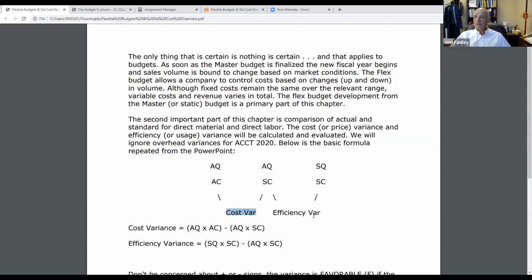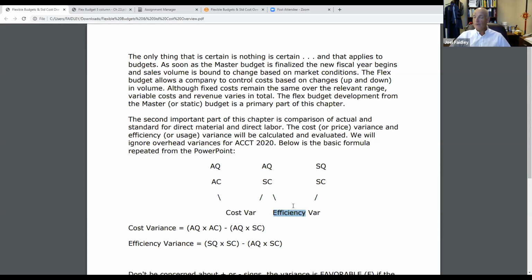Then the efficiency variance, and another term for cost variance is price variance. That's what they called it in the old days, cost variance and price variance. And then you look at efficiency, another word or term for that is usage variance. And that's the difference between our actual quantity and the standard quantity times the standard cost. And so that's going to tell us our efficiency or usage variance.